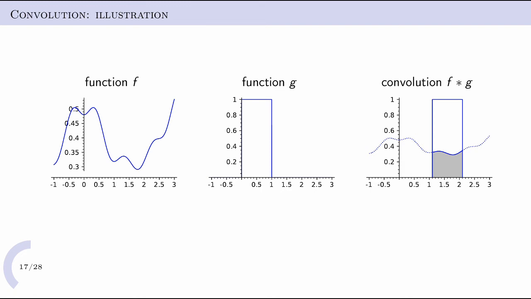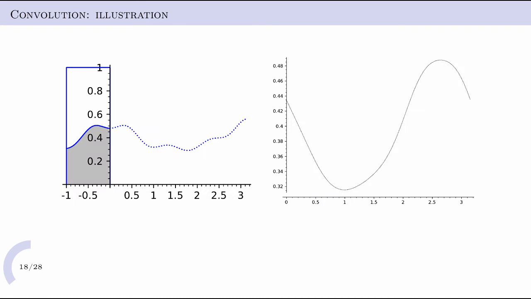So the value of this convolution at x is just the area of this gray area, the measure of this gray area. And this is just the value at a single argument. Now when we shift this graph of g, so we slide it along the real line, we compute all the values of the convolution.